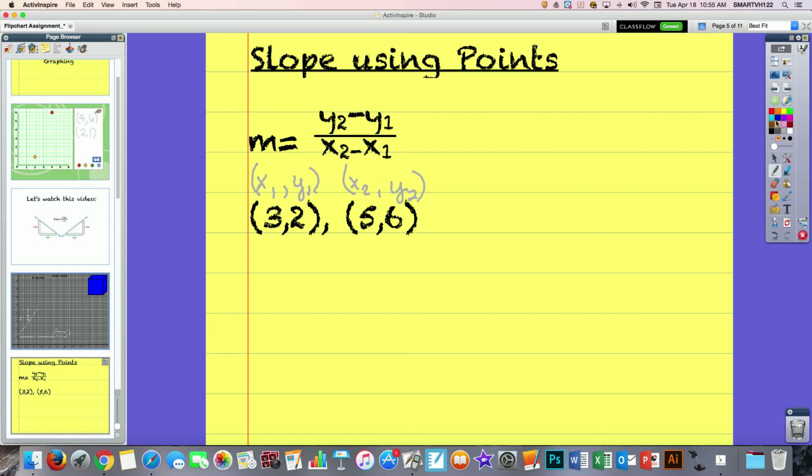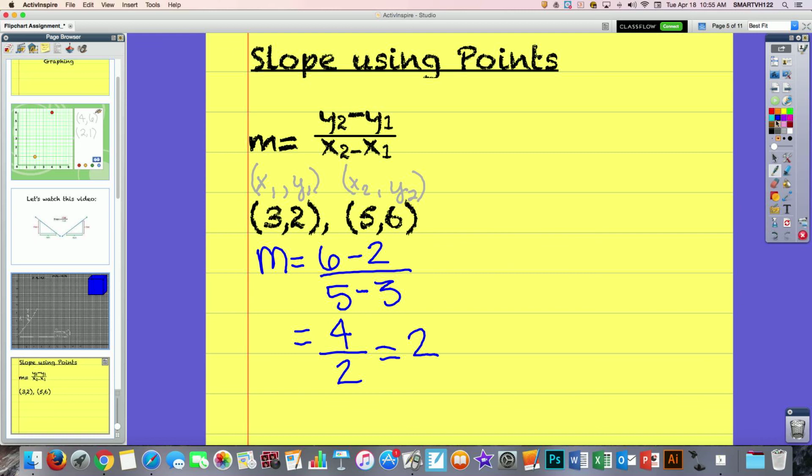So using this formula, we're going to find out the slope. So we have m equals y2, which is 6, minus y1, which is 2, over x2, which is 5, minus x1, which is 3. So we've got 6 minus 2 is 4, and 5 minus 3 is 2. So that, in turn, our slope is 2.